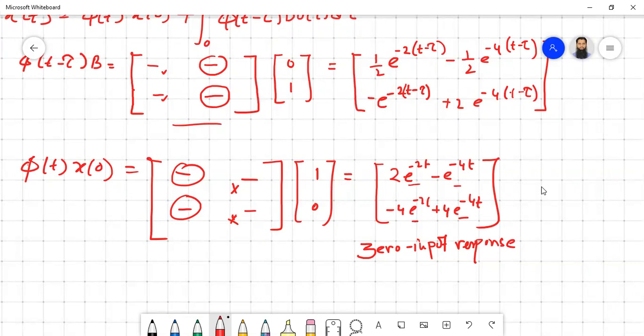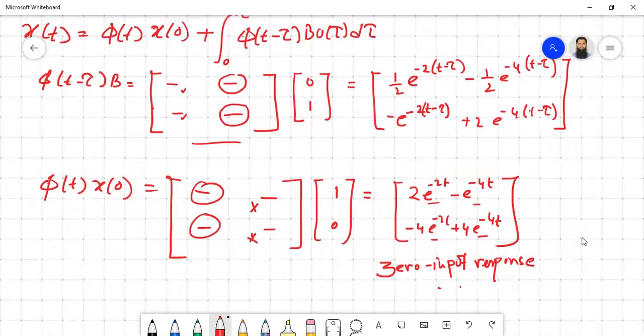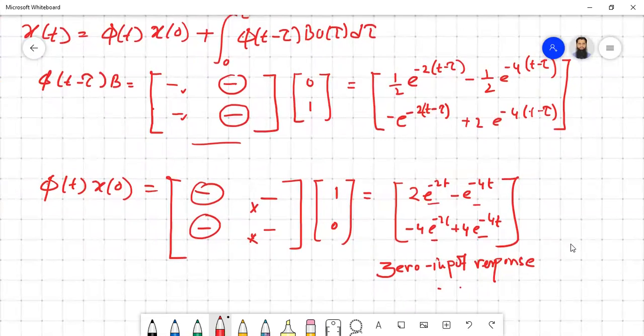So as you can see, the natural response is actually throughout the zero input response as well as the zero state response. So let us finish the zero state response because we haven't done the integration. So let us do the integration.